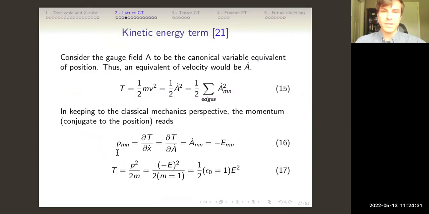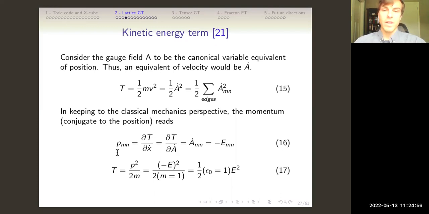One of the most succinct ways that I've uncovered in deriving a lot of these lattice Hamiltonians is to go from almost a very classical mechanics perspective. So if we think of the gauge field as now our canonical variable, so like A is now our x position, taking the time derivative of that is like the velocity.